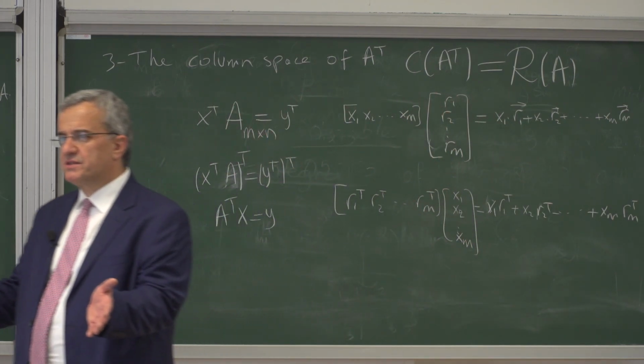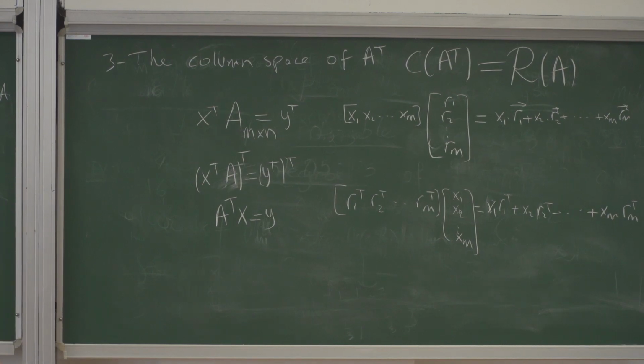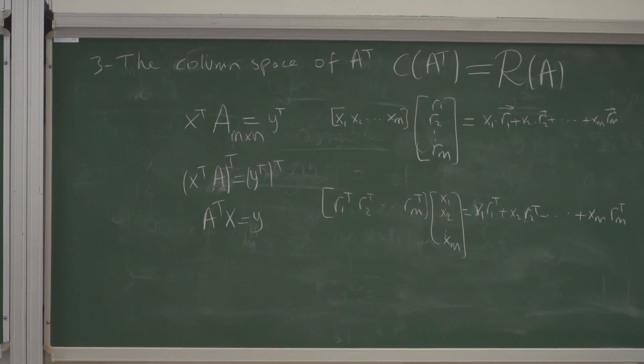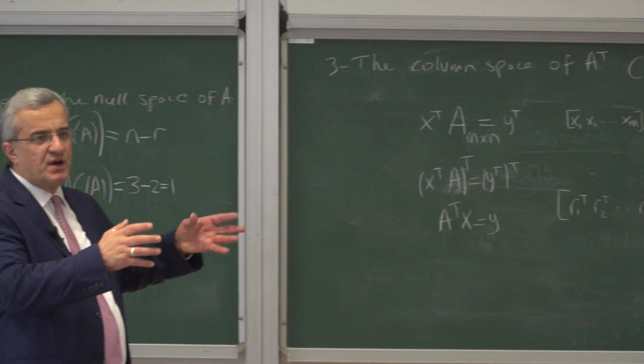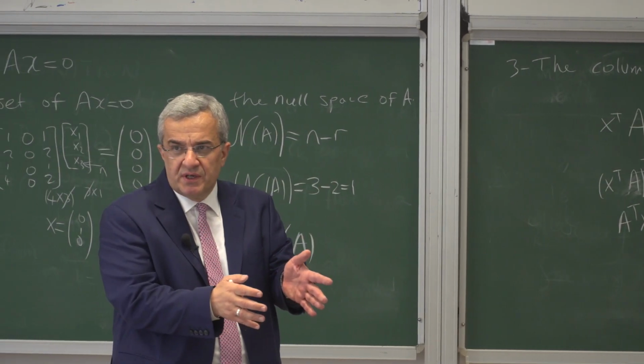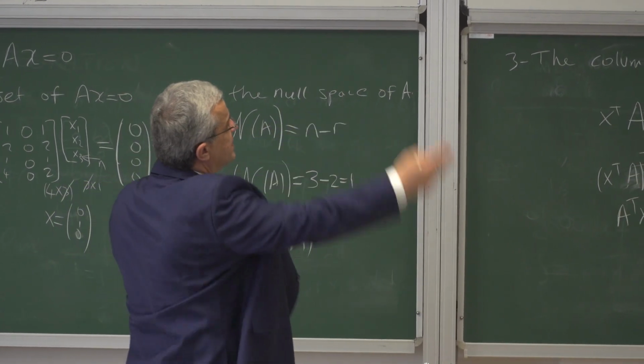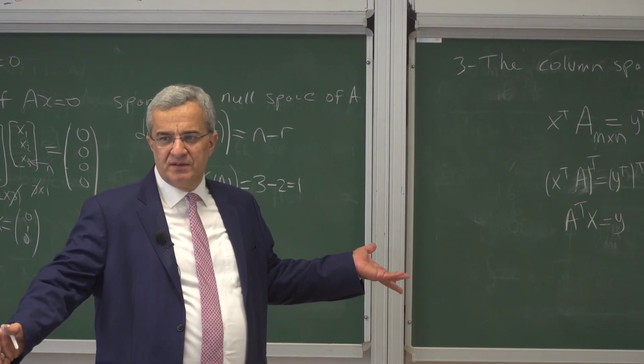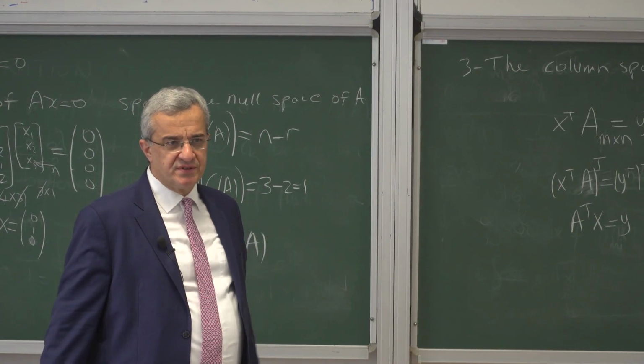So you take the matrix, take the transpose of it, and in the new matrix the rows of the matrix become columns of the new matrix, right? And you apply what we did there. That's all. There is no difference.